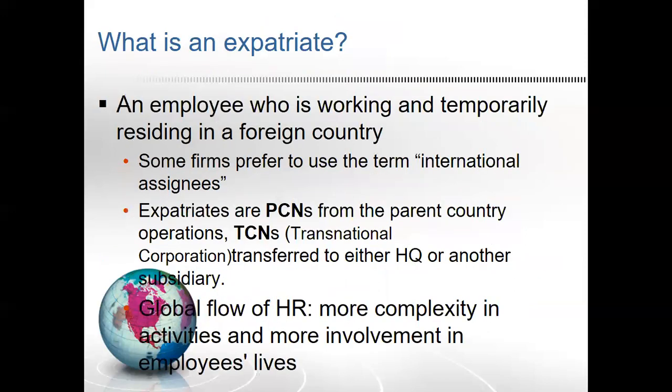Now, we have studied this word expatriate. When you are studying international HRM, you should know what an expatriate is. So who is an expatriate? An expatriate is an employee who is working and temporarily residing in a foreign country.